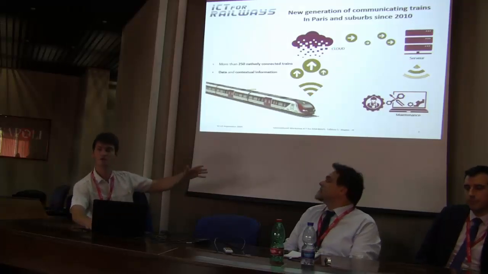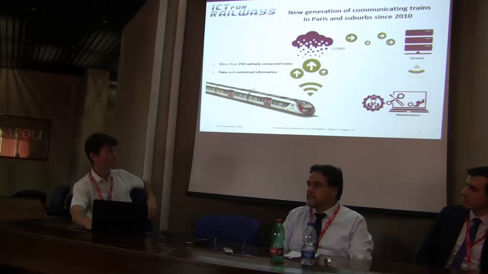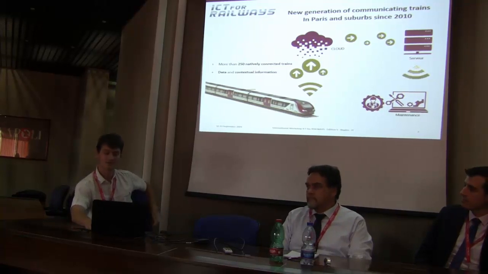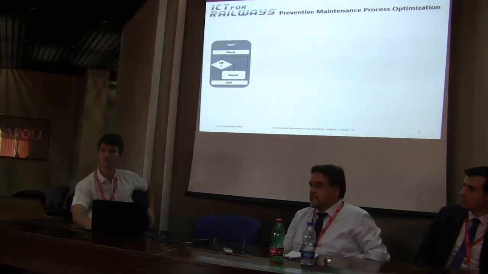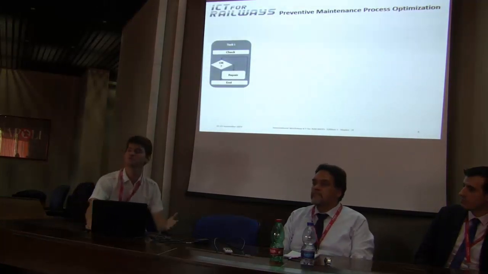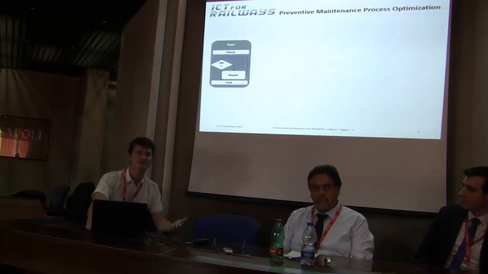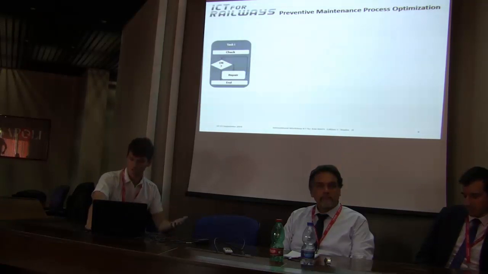We are using all this data to optimize the maintenance at SNCF. The first important thing is to identify the maintenance tasks that can be realized, delayed, or purely suppressed using real-time monitoring.